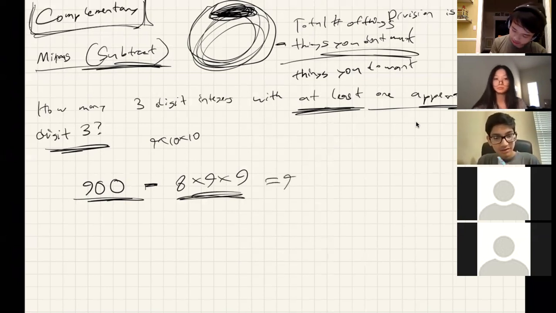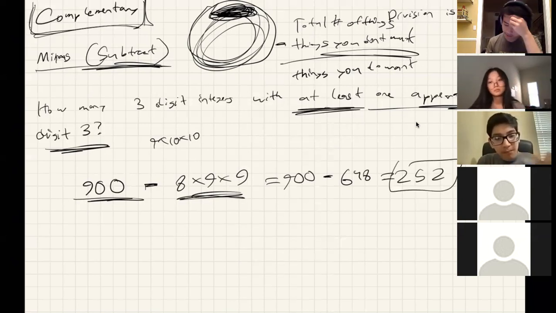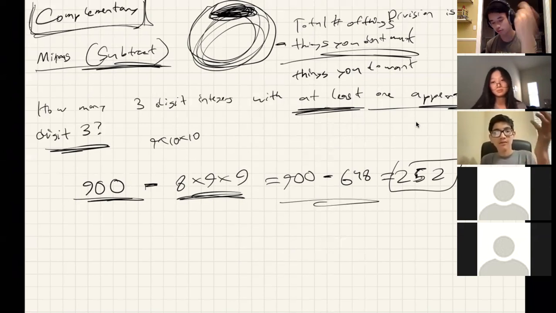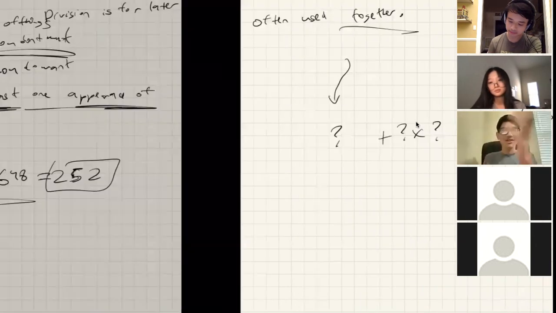So 900 minus 648 comes out to 252. So yes, you're correct with that. That is complementary counting. You start with a total that you choose in a clever way, subtract the things you don't want that are in that total, and you end up with the things you do want.